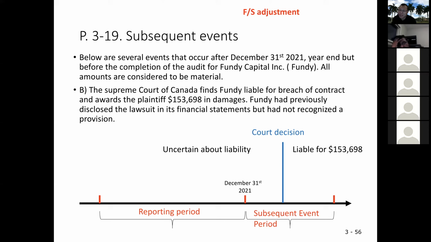So the key point here is that even if the information happened during the subsequent event period, for measurement purpose, you can still use this information to measure, okay? Make sense? Yes, thanks. But for recognition purpose, the cutoff date is December 2021.